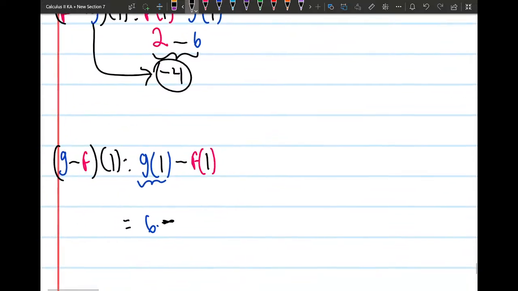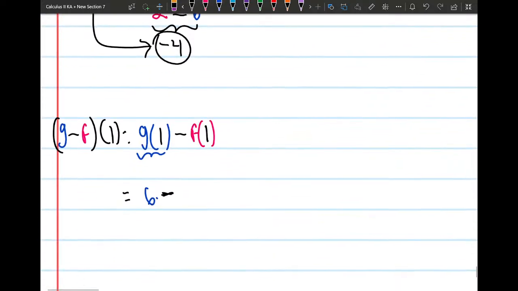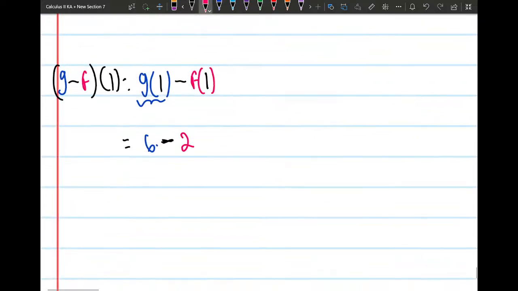Then minus f of 1, which I think was 2, right? Yeah, 2. So 6 minus 2 is 4. So we know that g minus f of 1 is 4, right?